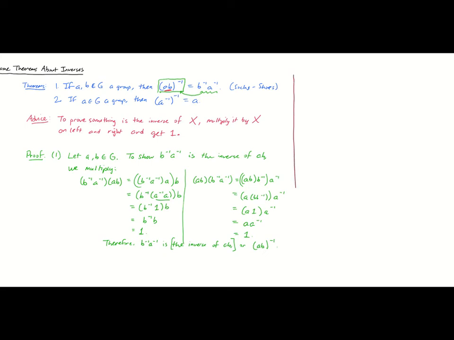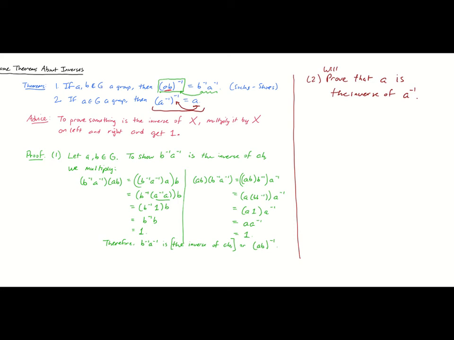All right, so let's do the proof of number 2 over here. I'm going to follow the same strategy, and I will go ahead and do the multiplication on both sides. So I'm trying to prove that this, A, is the inverse of A inverse, because that's what this statement is saying here. It's saying that A is the inverse of A inverse.